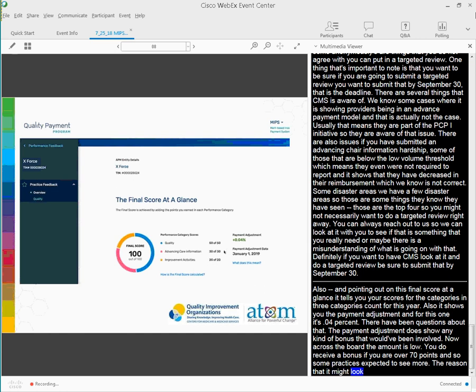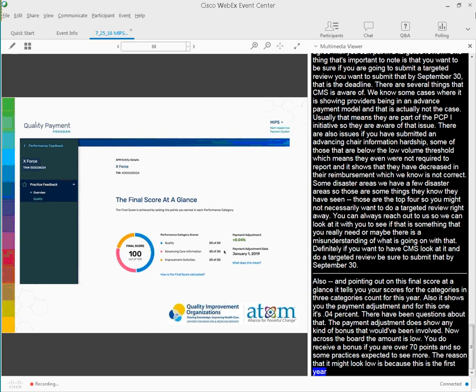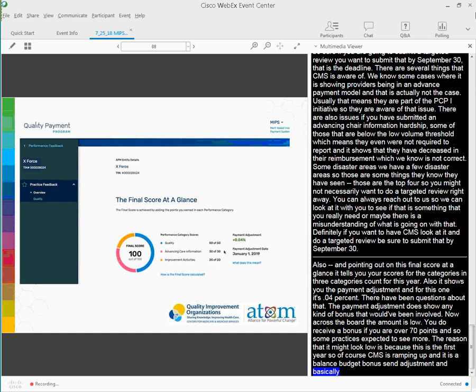And it is a balanced budget bonus and adjustment. Basically what that means is they're taking the pot from those that are receiving a decrease, and then of that pot they're spreading it out.